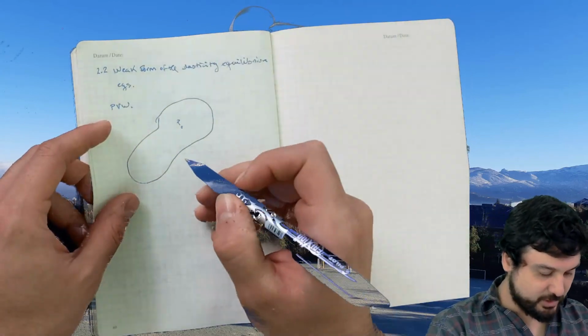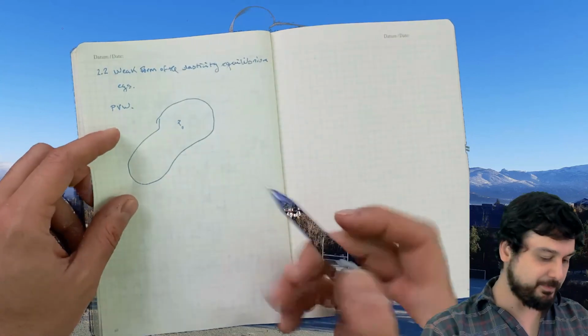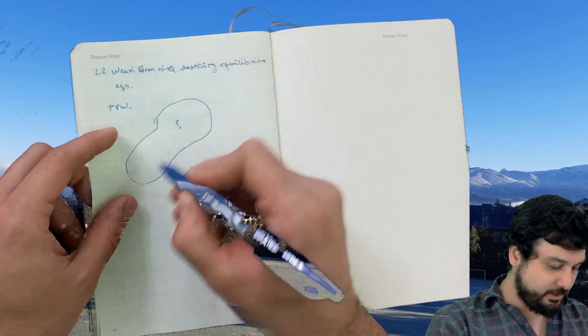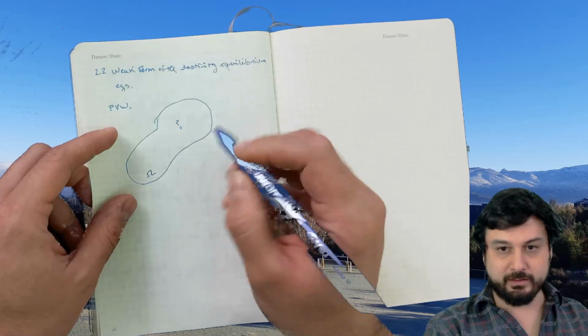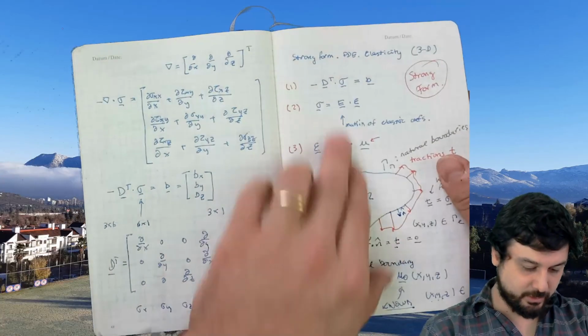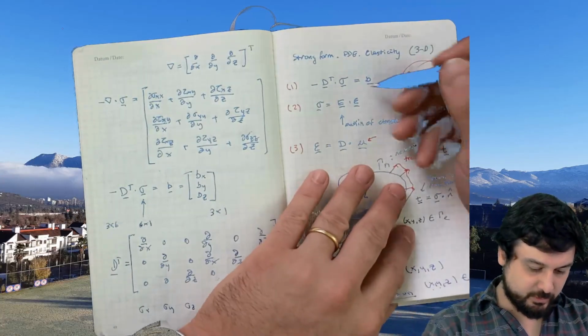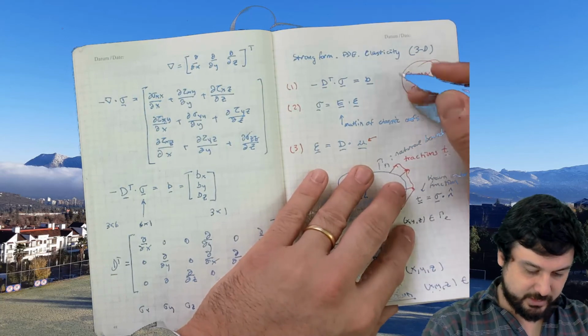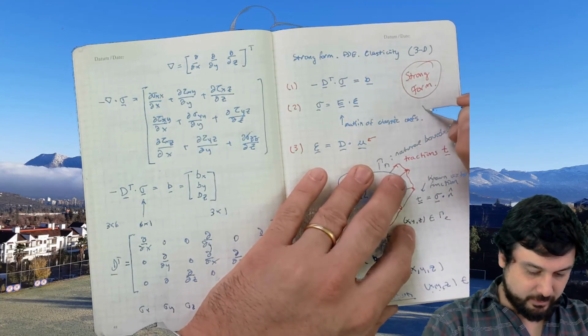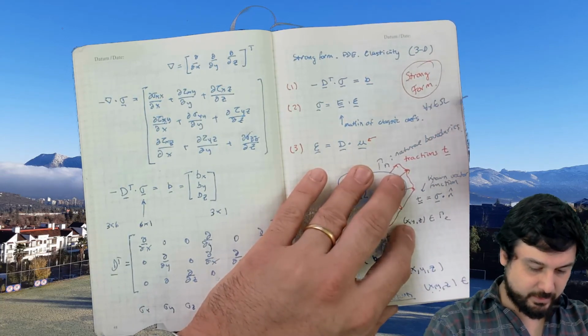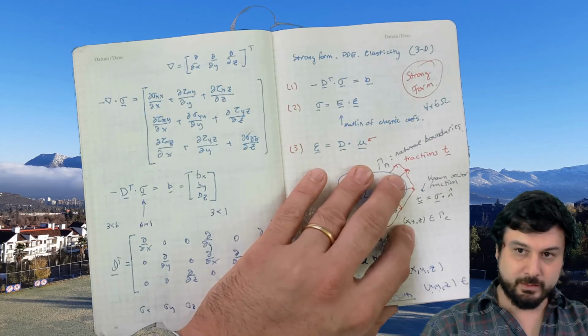So if you want to say the whole body is in equilibrium, you say for all omega, this must stand, and this is what we're saying here. So these three conditions are for all x in omega.